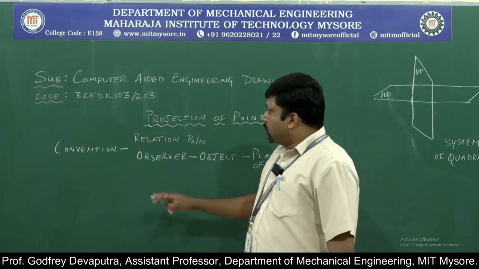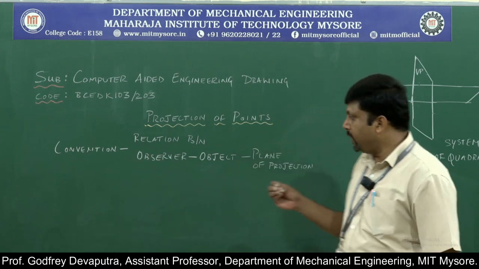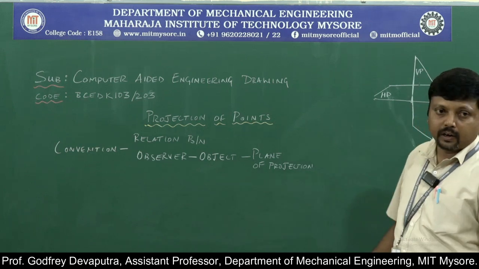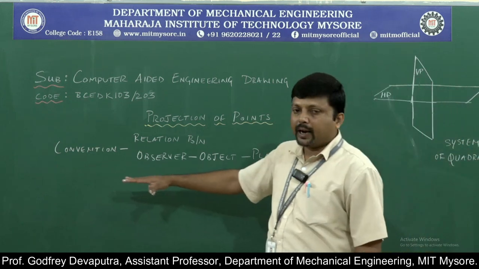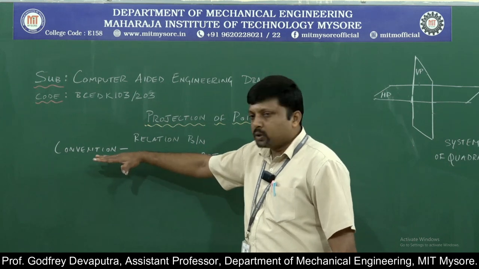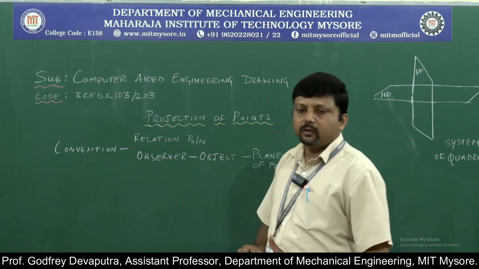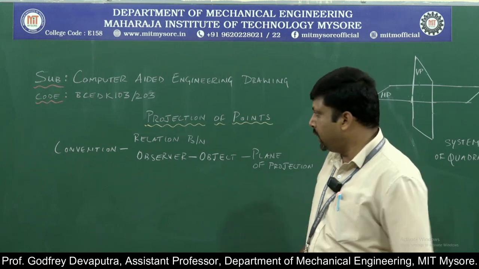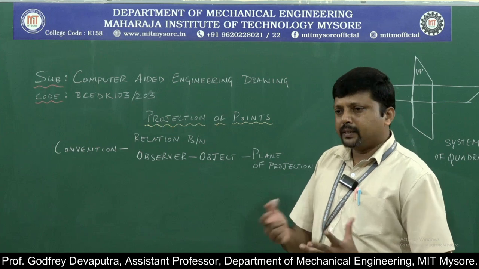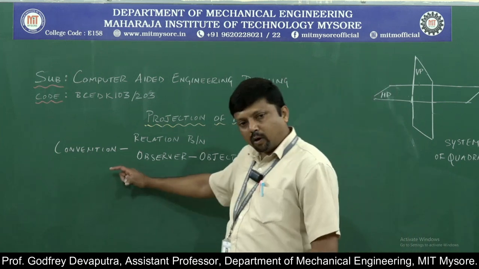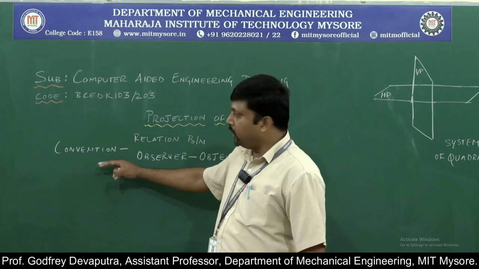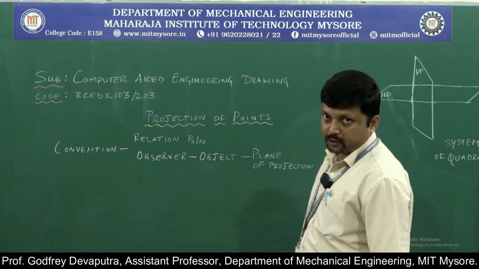So before we move on to analyze the system of quadrants a bit more further, I would like to stress upon a fact called a convention. So in drawing, we use something which is called convention. Basically, convention is something which is universally followed without any kind of debate. So this was also given by Mr. Gaspard Monge in the 1800s, who invented the principle of projections.